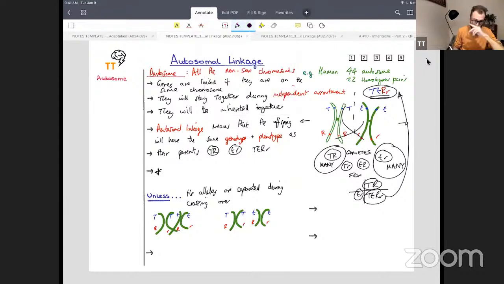So the closer the loci of two genes, we could say the more closely linked they are.